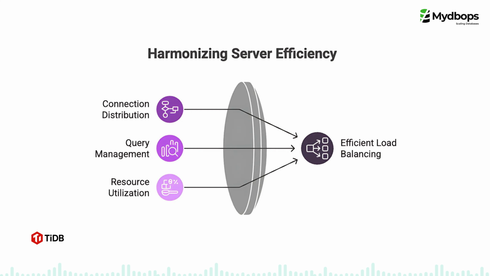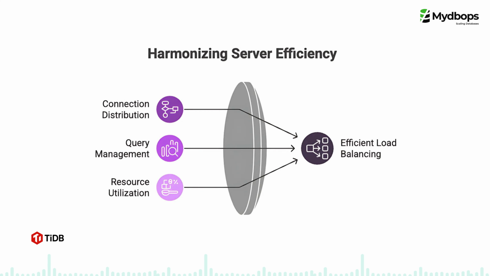But this seamless operation isn't just limited to upgrades, right? Absolutely not. This is happening all the time. Take load balancing, for example. TiProxy is constantly monitoring the load on each TiDB server, making sure that no single server gets overwhelmed. It distributes queries intelligently, considering things like server capacity, network latency, and even the type of query that's coming in.